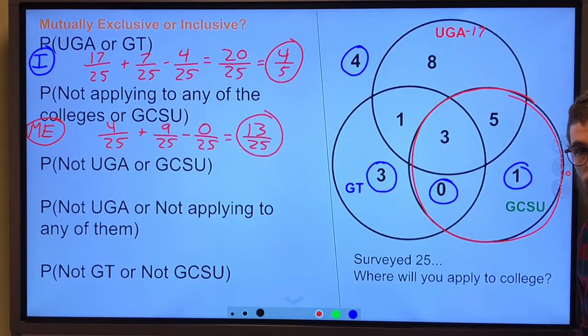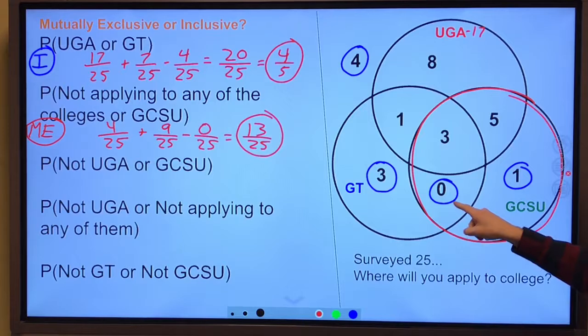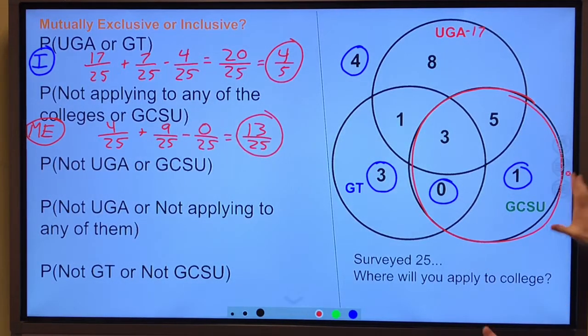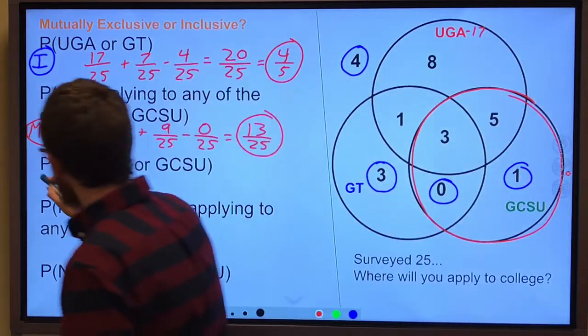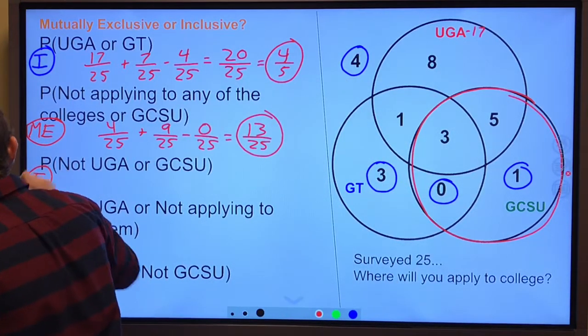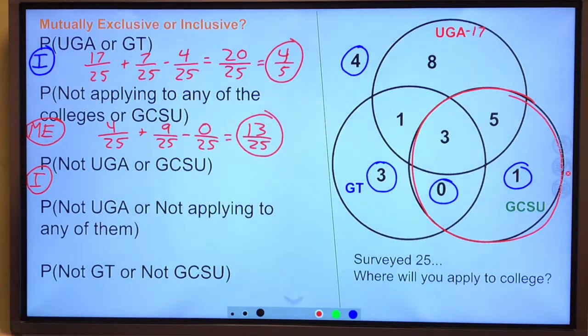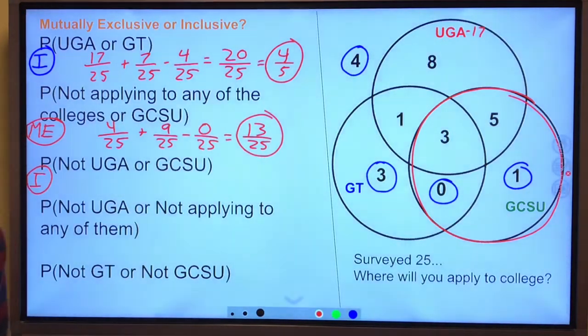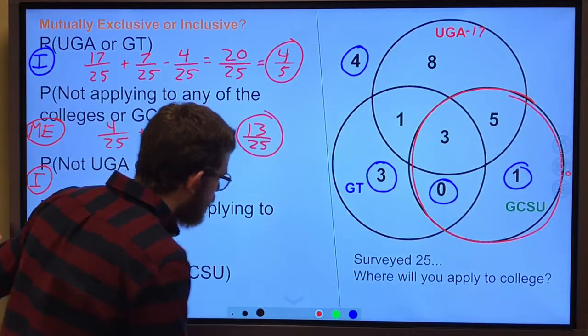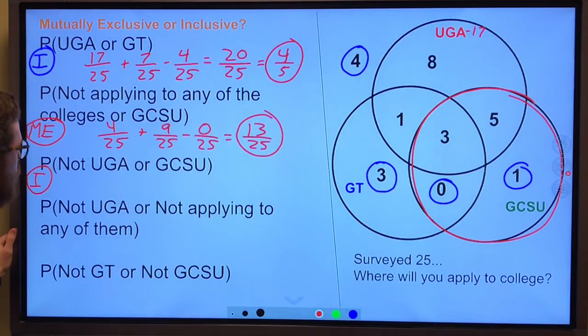So, first off, is there overlap? Oh yeah. There's not UGA and GCSU overlapping, so these are definitely inclusive. Before we get confused about, oh, this is a very confusing probability to find, you just follow the formula, okay? Don't get confused about it, just follow the formula and it'll make sense of it for you.